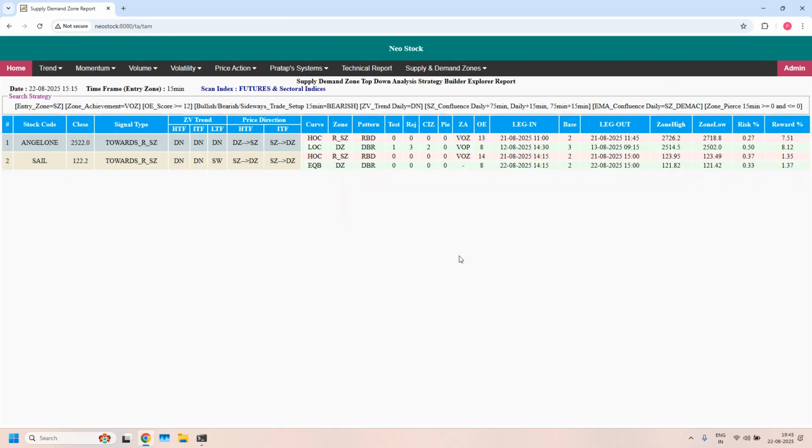So both these stocks are filtered. That means both these 15 minute supply zones might be having more high probability to get success, provided less than 20 checklist items are satisfied. Otherwise, higher chances of zone violation. So this is a bearish trade setup for a daily income trade.